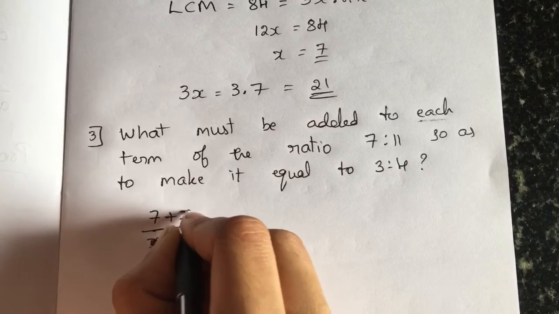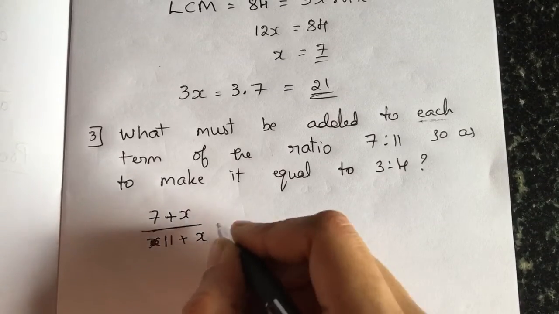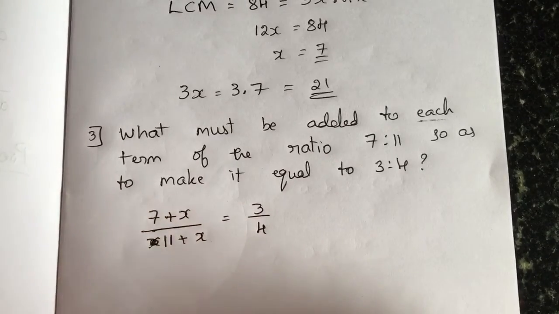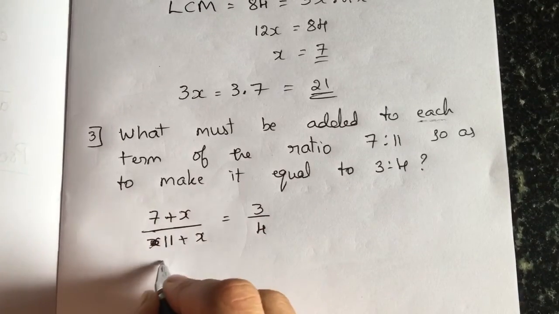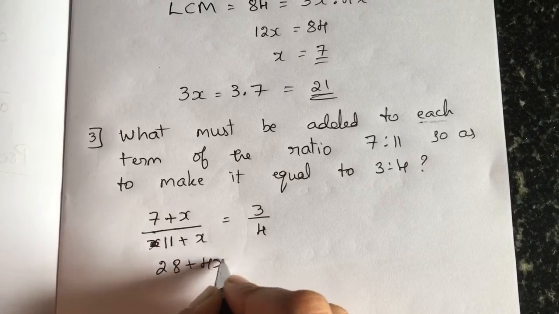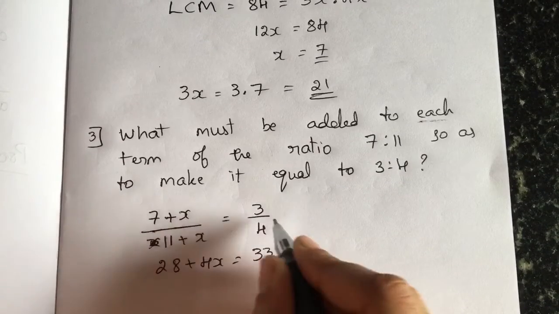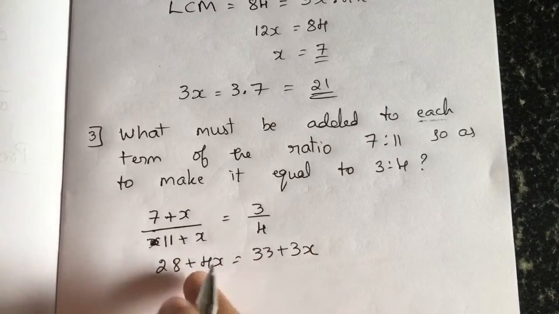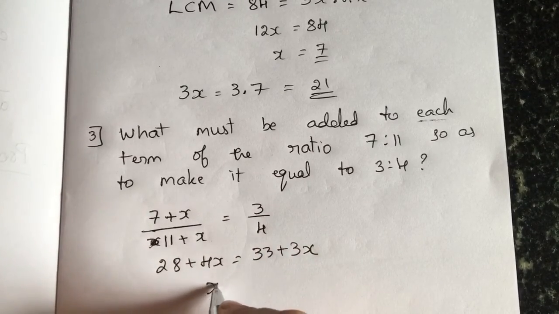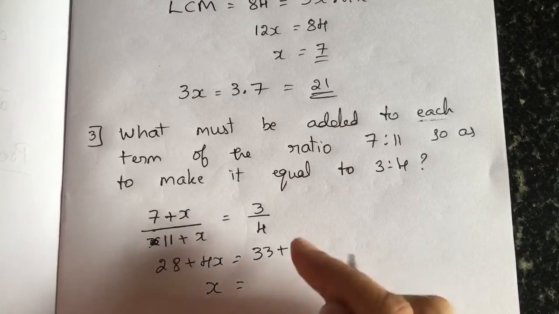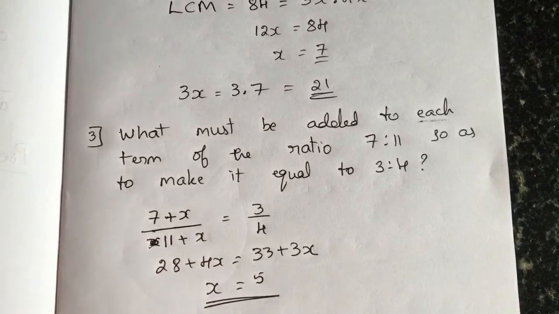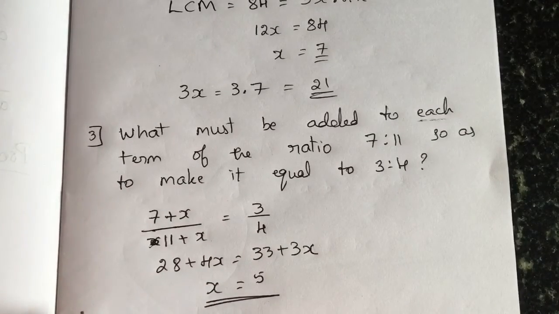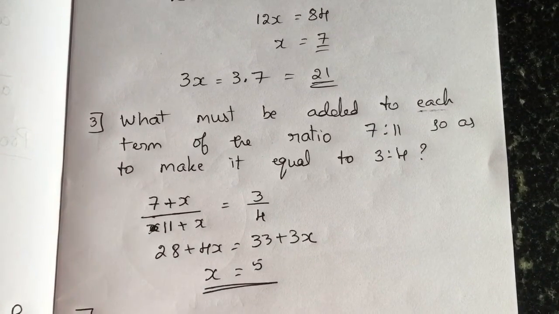Of course it has to be the same number, x, so that the ratio will be equal to 3/4. Just do the calculation. Cross multiplication, and you simplify, take it over here, 4x minus 3x, so that this will be x. 33 minus 28 is 5, so the x value is 5. You need to add 5 to the numerator and denominator.